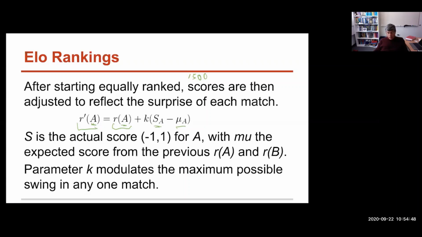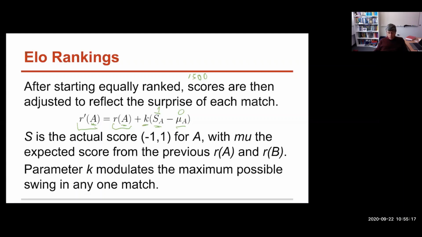If I won the match, okay, I get a score of 1. If I was predicted likely to win, my expected chance of winning the match was neutral, okay, I was playing somebody of my own ability, that would mean that 1 minus 0 would be 1, and my ranking would grow by k points.